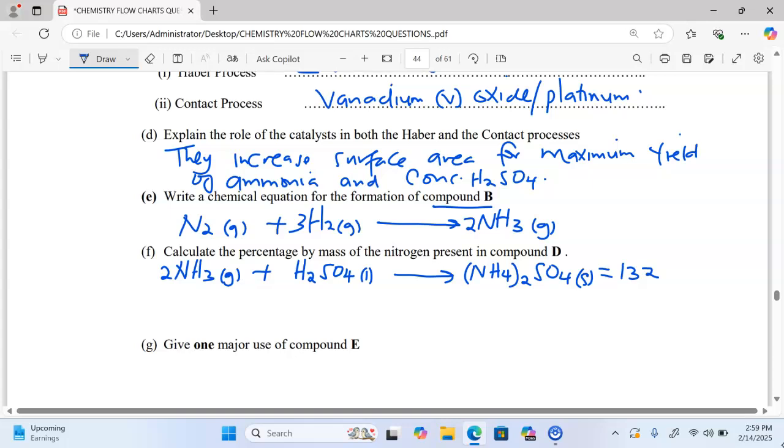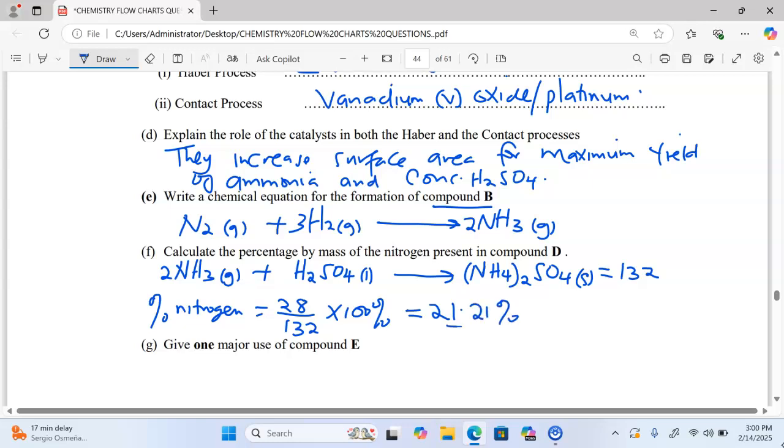From there, to get the percentage of nitrogen, we look at the mass of nitrogen in this compound. Nitrogen has a RAM of 14, you multiply by 2, you get 28, divided by the total mass of compound D, you multiply by 100%, and this gives us exactly 21.21%.